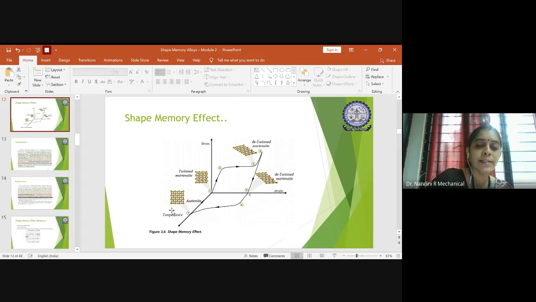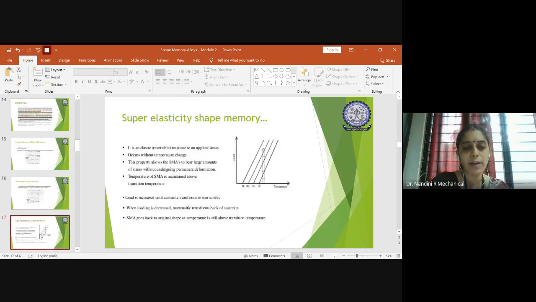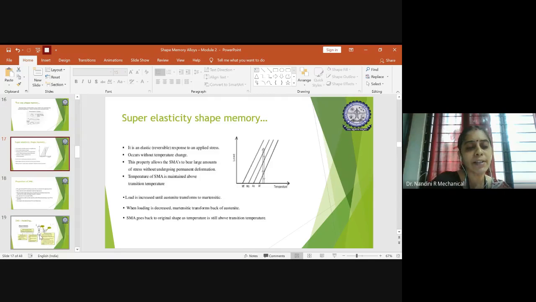So you apply the temperature until the austenite changes to martensite, or you apply the loading on austenite until it changes to the martensite phase. That is what is being told here. And every material will have a different requirement of either load or temperature. It depends upon the combination of alloys you are using.